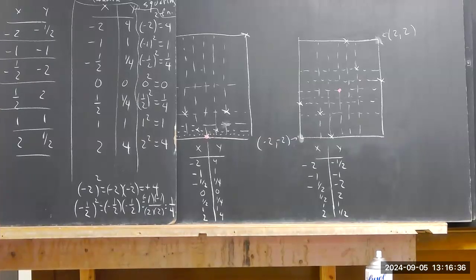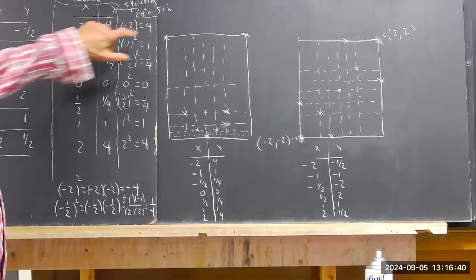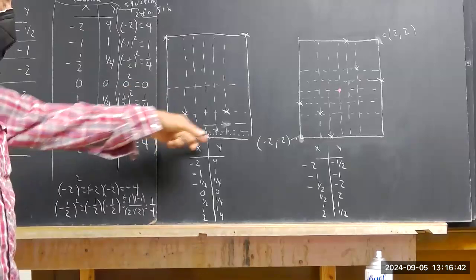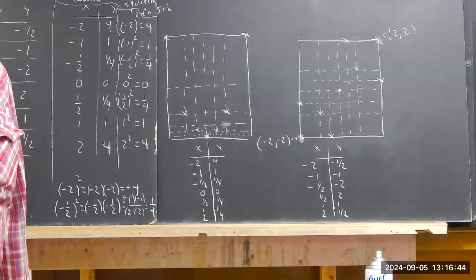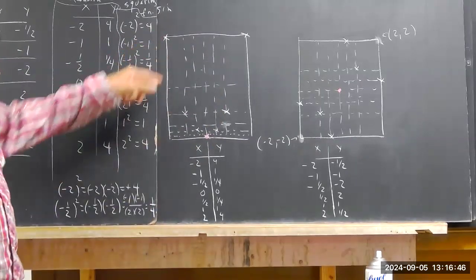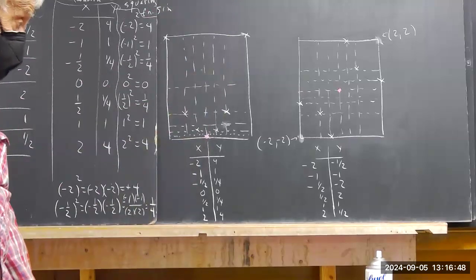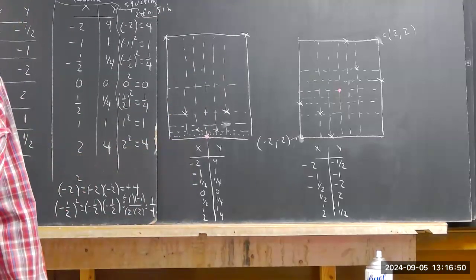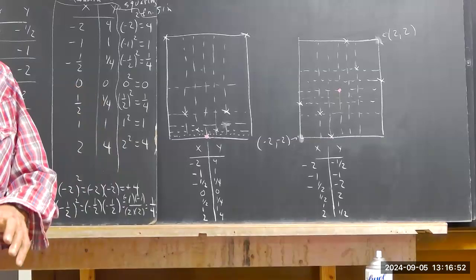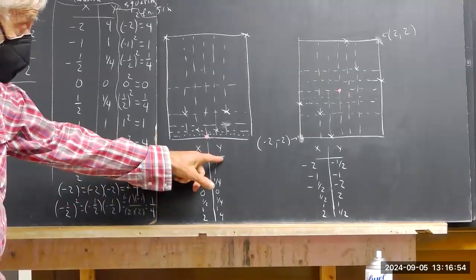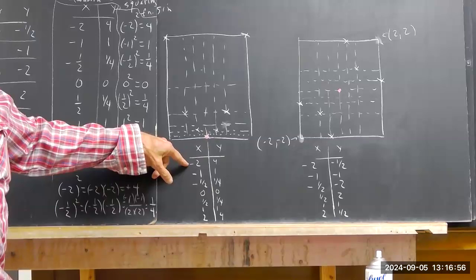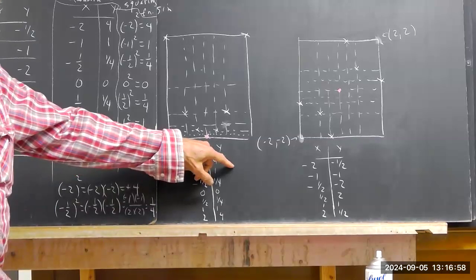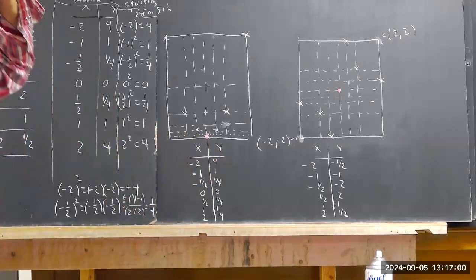If you construct it, now you have to believe that this is a construction of the squaring function. Because the table you get from the points you use to construct it gives you a table for a squaring function, right? Every one of these numbers is a square of this number. Every number in the y column is a square of a number in the x column.